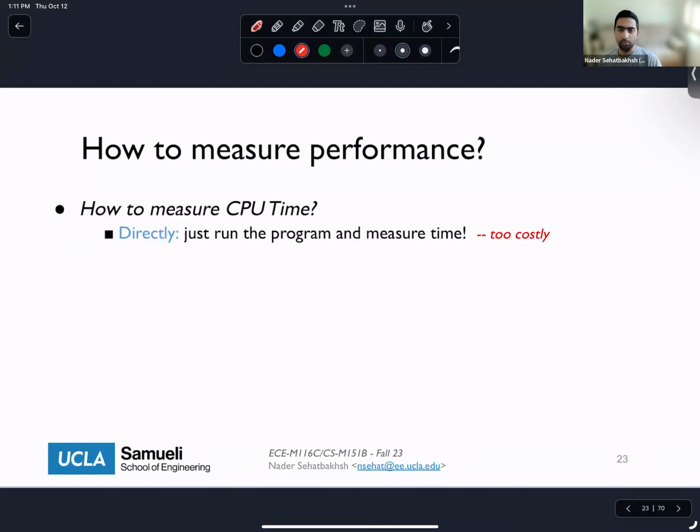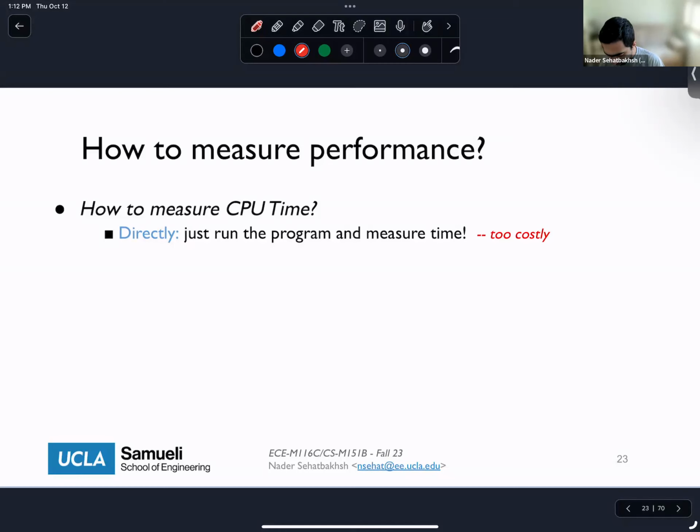The first question: you can measure CPU time by some tricks that we have. We run the program, we measure the time, we average it over many, many runs, or we disable some form of activities on the operating system, or we even benchmark all of these different activities in order to find the CPU time.